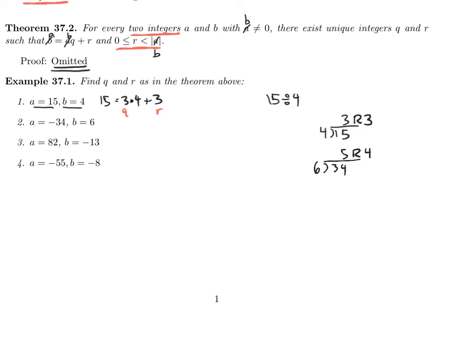So you'd be tempted to say that negative 34 is negative 5 times 6 minus 4. But remember, this is not really what we're looking for here. This isn't the proper remainder. Remember, our proper remainders are between 0 and 1 less than the divisor.